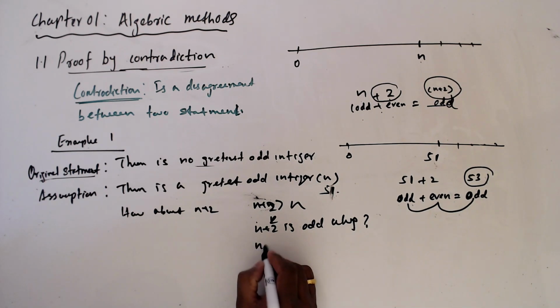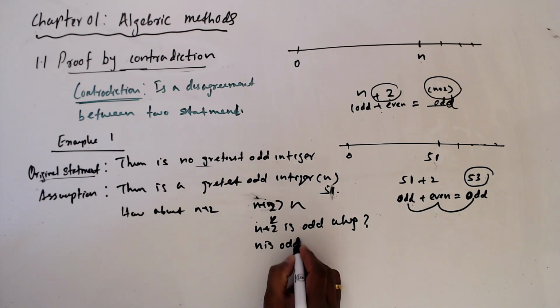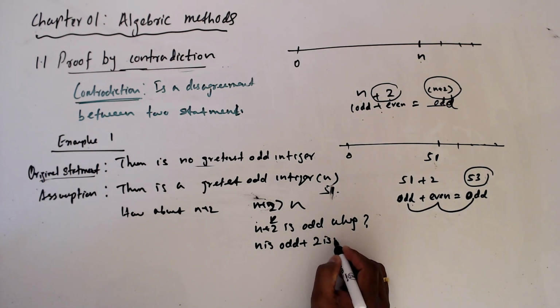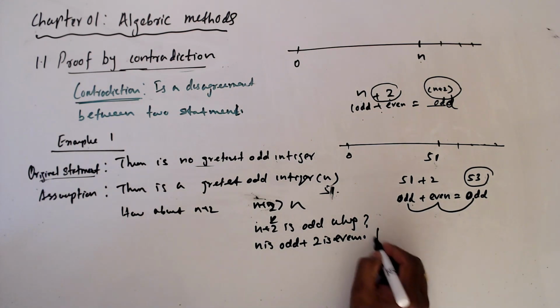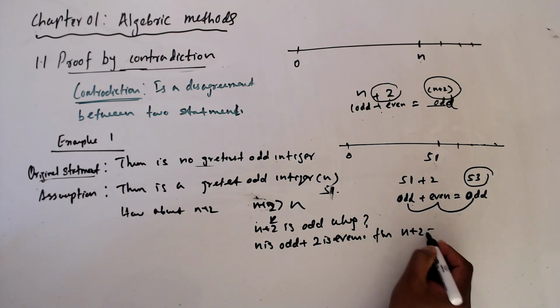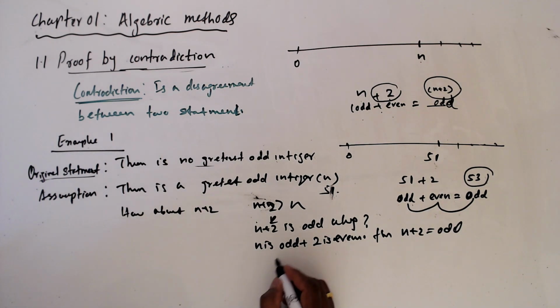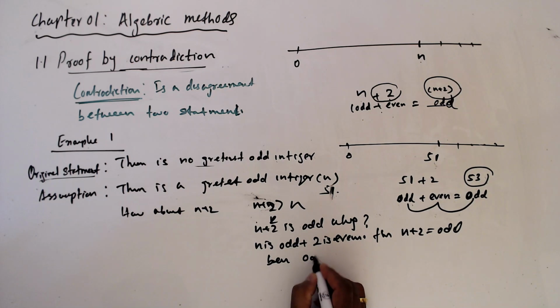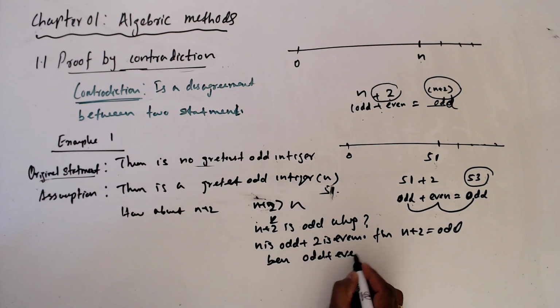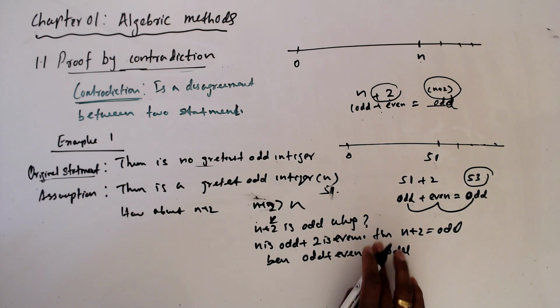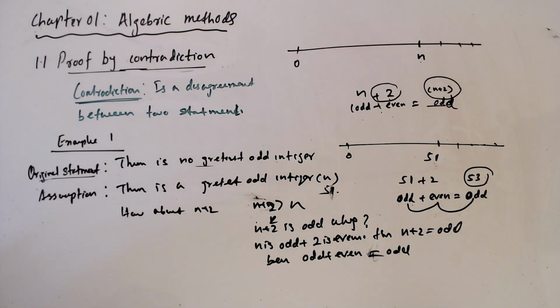Because n is odd and 2 is even, then n plus 2 is odd, because odd plus even equals odd.